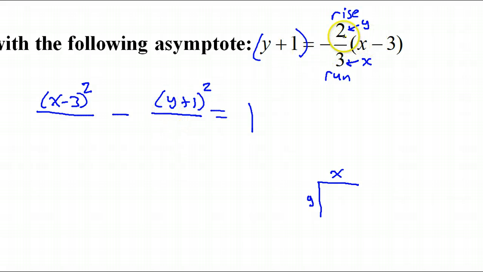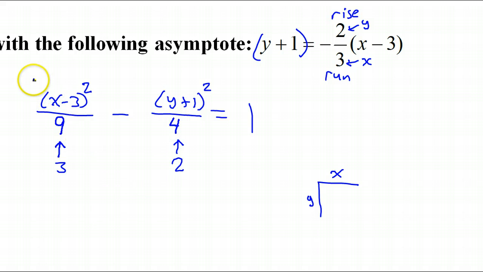So this 2 is a y value, so it's going to contribute to the y side of the equation. And this 3 is an x value, so it's going to contribute to the, whoa, I meant to put a 3. This 3 is an x value, so it's going to contribute to the x side. Alright, so this is our A and our B. So this is A squared, though, so it will be 9, and this is B squared right here, so this will be 4.